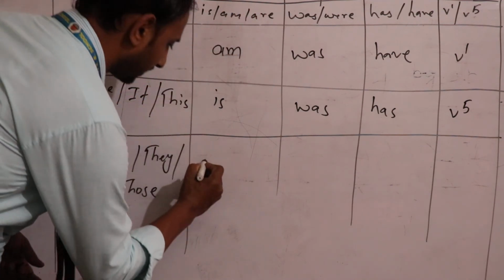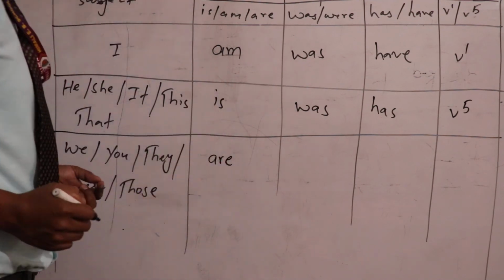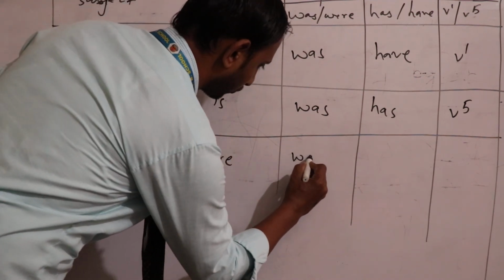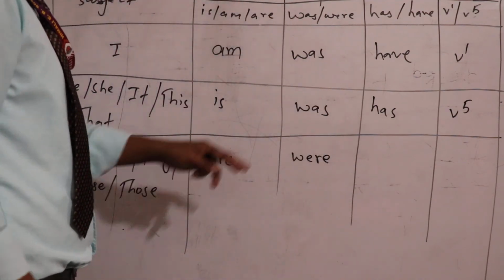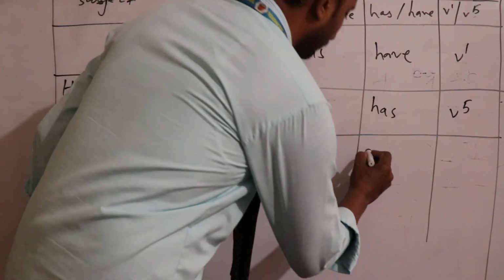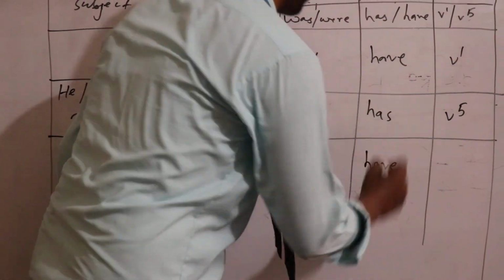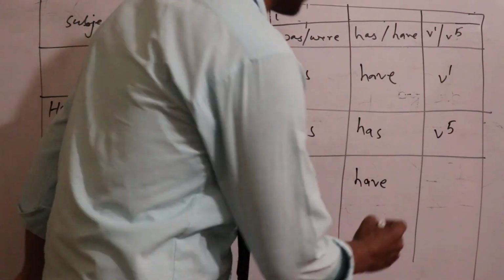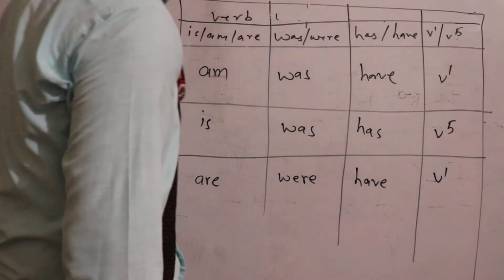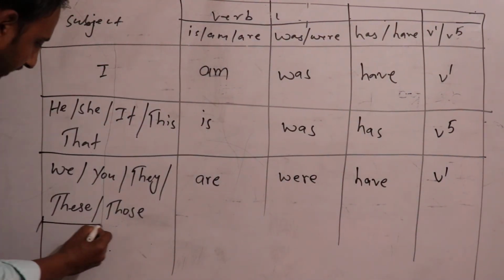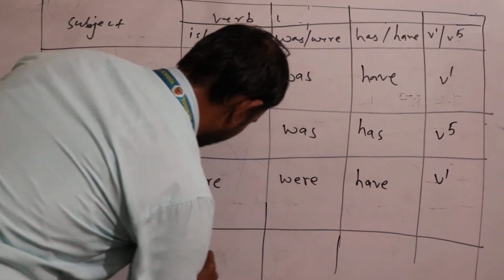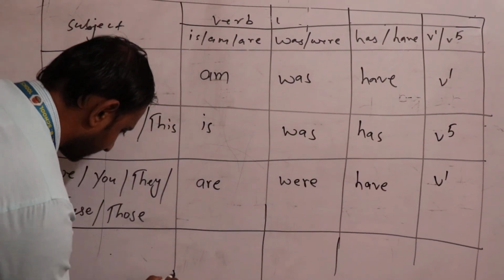Are. Are is a plural verb. From was and were, we will use were. From has and have, we will use have. And from verb 1 and verb 5 we use verb 1. Okay. In this way subject verb agreement goes on.